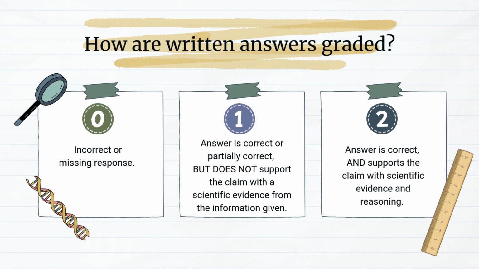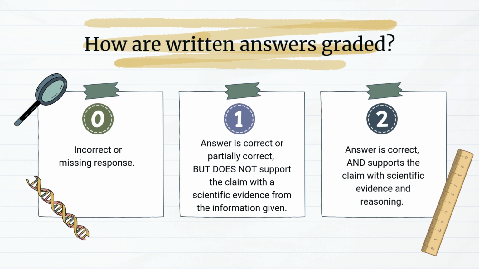And finally, how are your written answers graded? You will be given a 0, 1, or a 2, depending on the information that you put in your answer. The rest of the questions on the test, the types that we've been talking about, will be graded by the computer, but these will be graded in a rubric style.